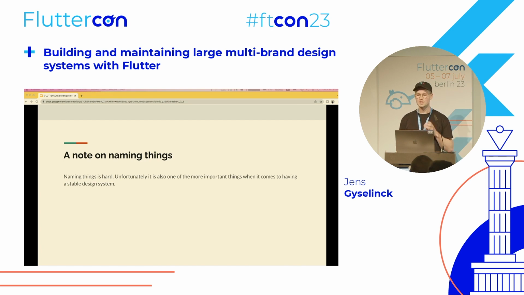Unfortunately, naming is really hard, and we all know this, but it's also one of the most important things within a design system. And a lot of work that you actually do within a design system is just communicating back and forth between design and development. So if you can remove the noise and the confusion from that communication, you gain a lot of effectiveness, and you should actually opt for clarity to avoid that confusion.